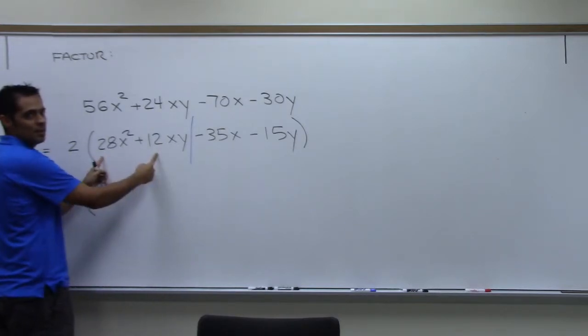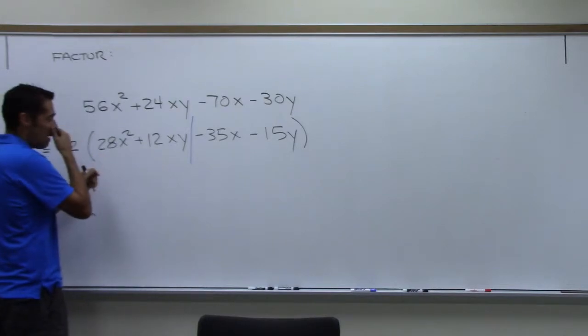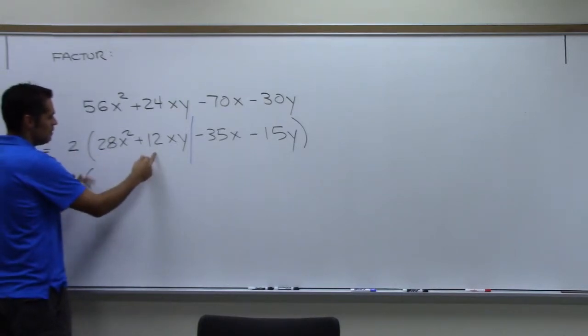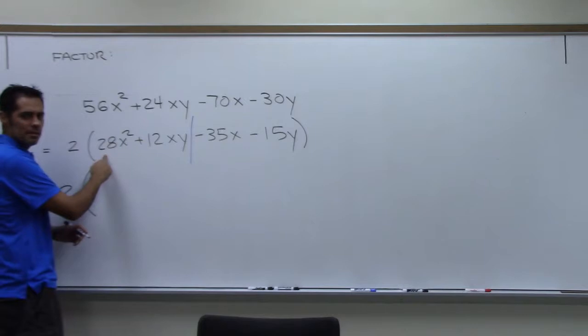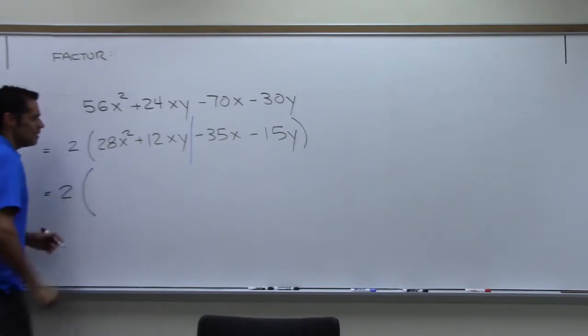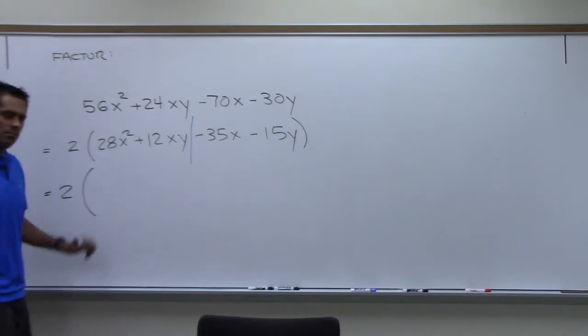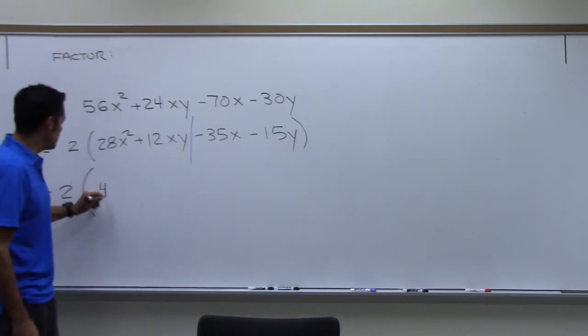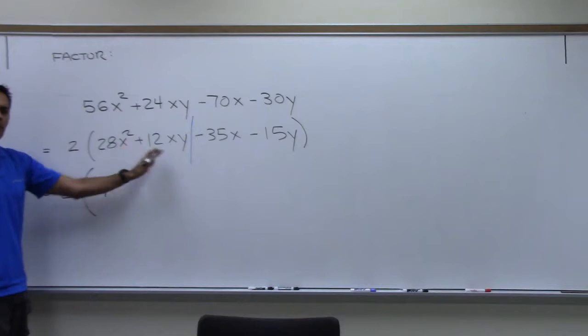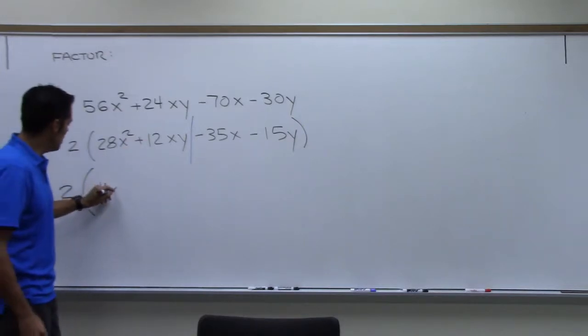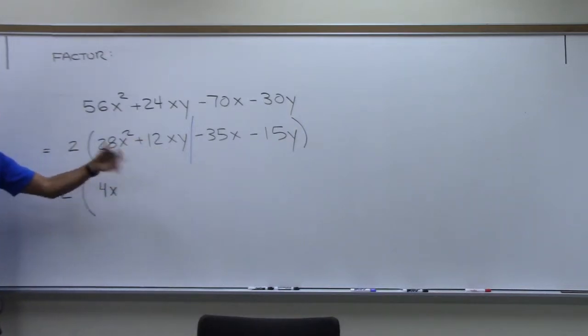Can you think of a number that goes into both of these? 4, I think so, right? Is that the biggest one? I think that might be the biggest one. So try it. Write a 4 down. What else do they have in common, Kathleen? Just single x. How about y's? Do they both have a y? Nope. So we're done?